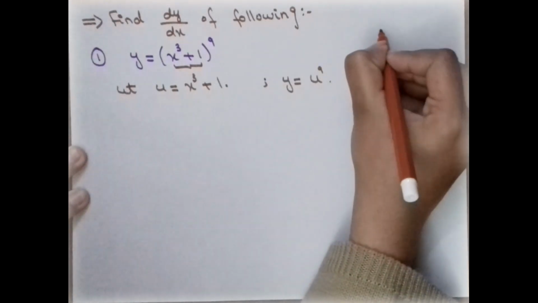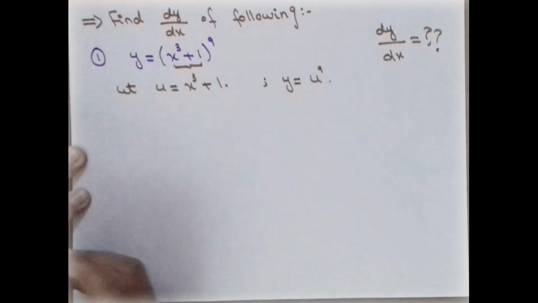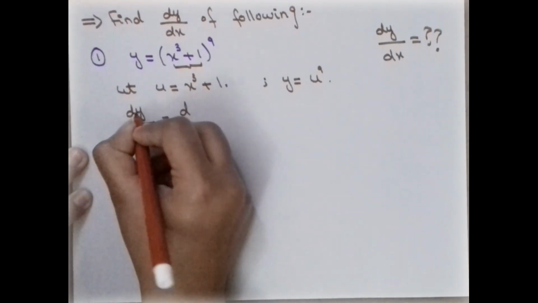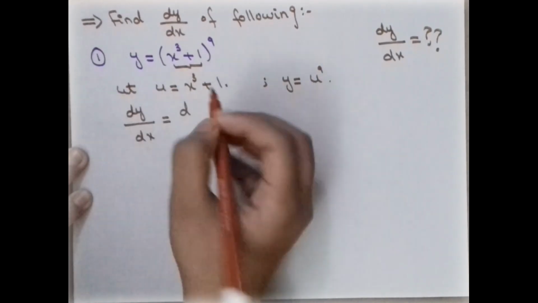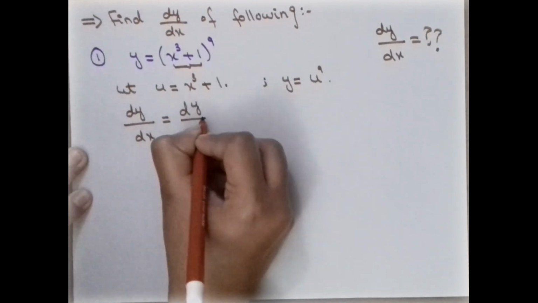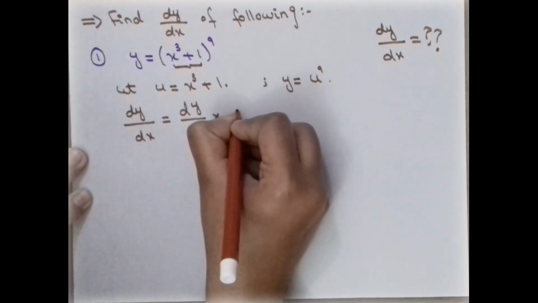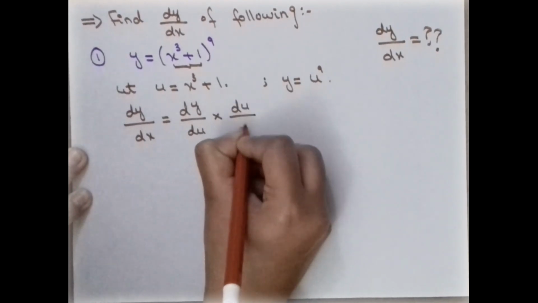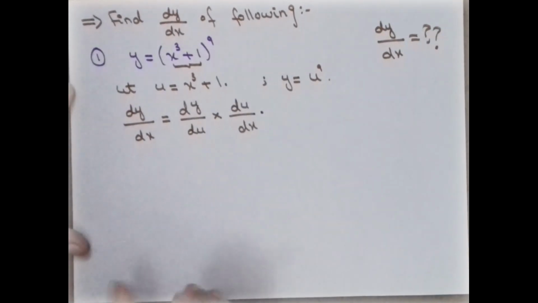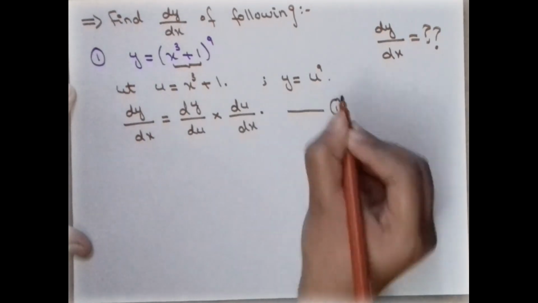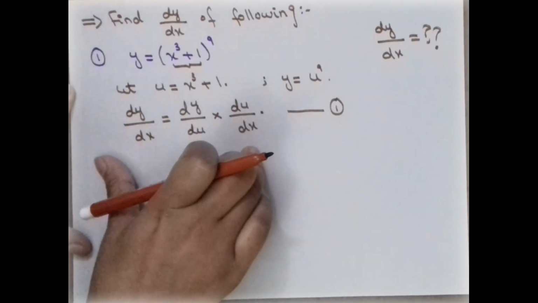Now we have to calculate dy over dx. The chain rule says that since we involve the variable u, dy over dx equals dy over du multiplied by du over dx. This is the important step of the chain rule.